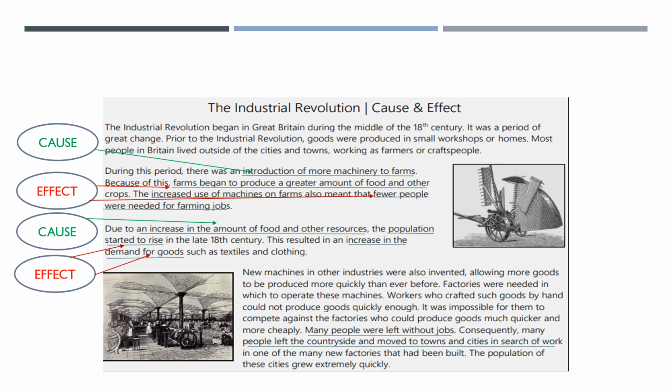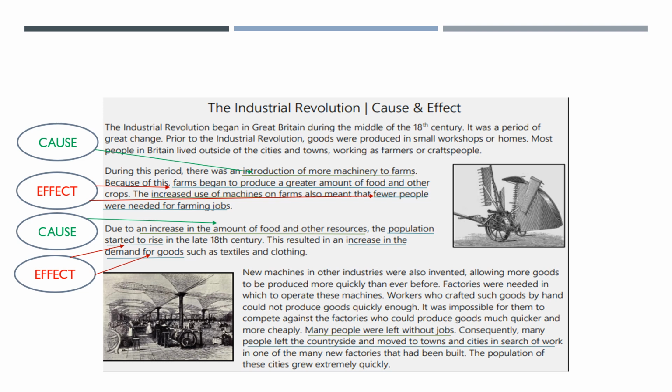You can identify the cause and effect in this reading text by looking at the linking words. For example, in paragraph 2, there was an introduction of more machinery to farms. Because of this, farms began to produce a greater amount of food and other crops. The increased use of machines on farms also meant that fewer people were needed for farming.